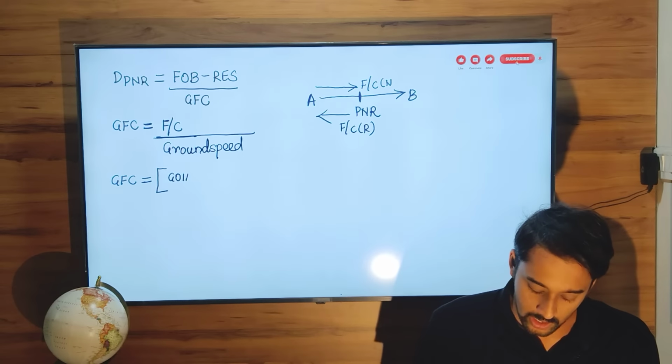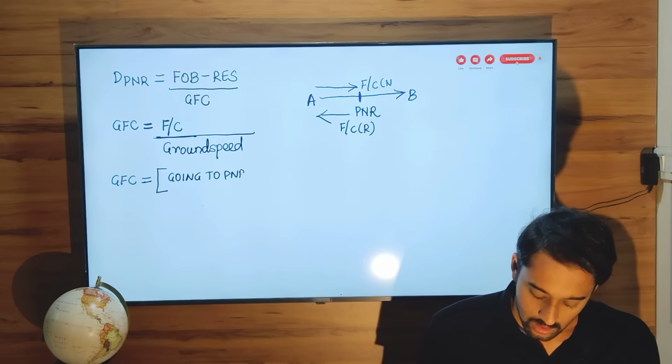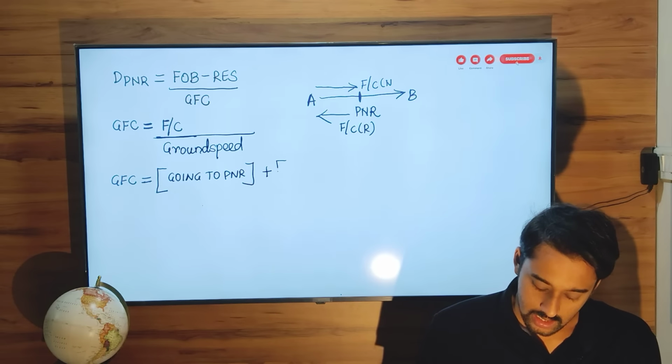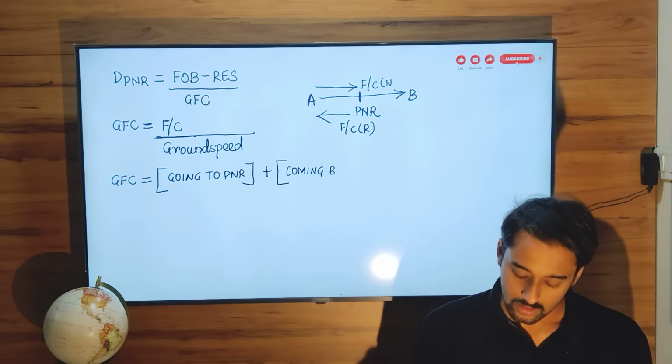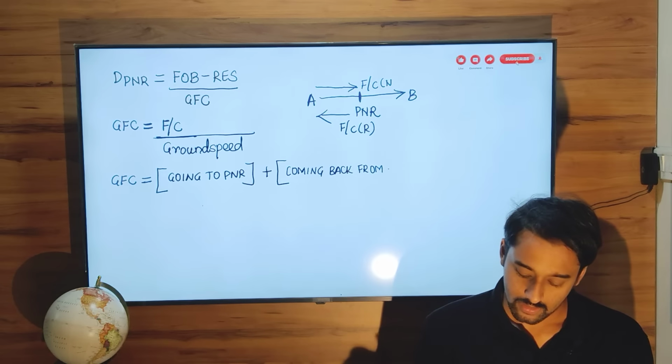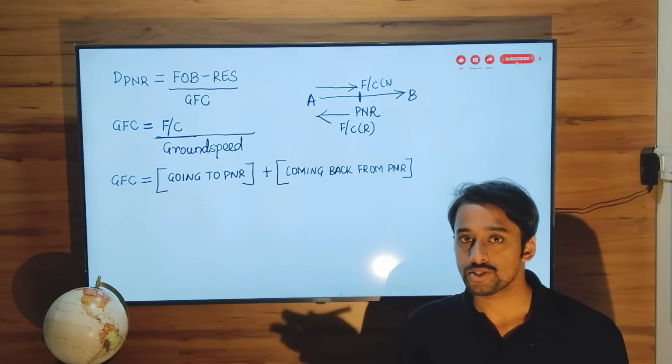Going to PNR. For your understanding, I am writing going towards PNR plus coming back from PNR. Because when you go to PNR and you suffer an engine failure, are you going to stay in the air?